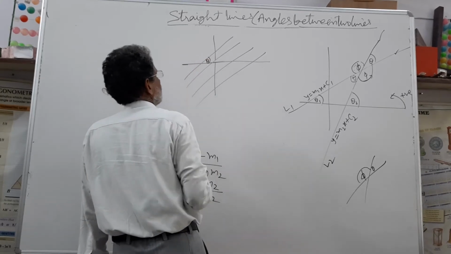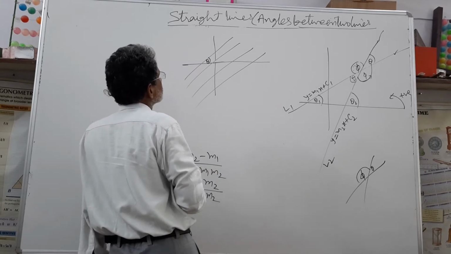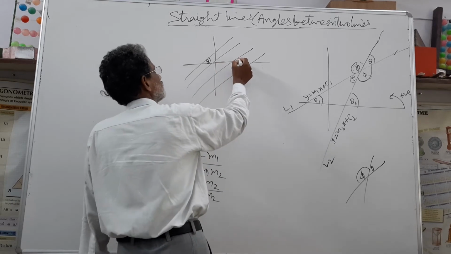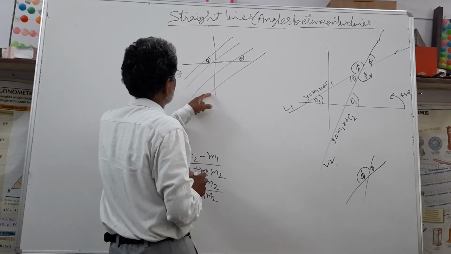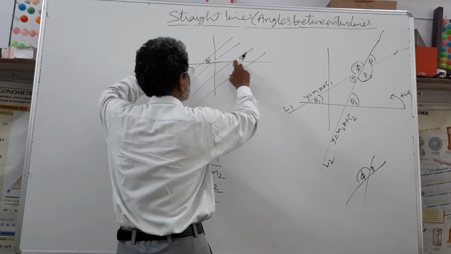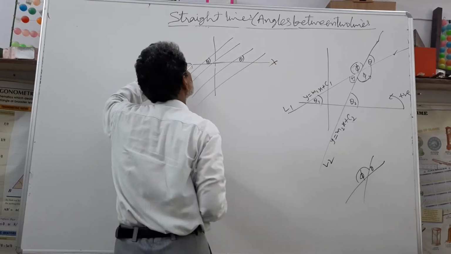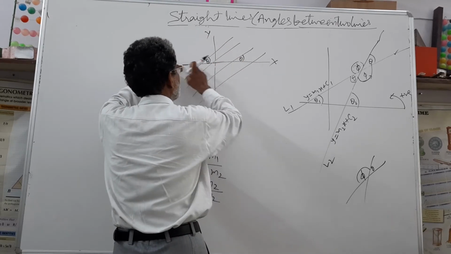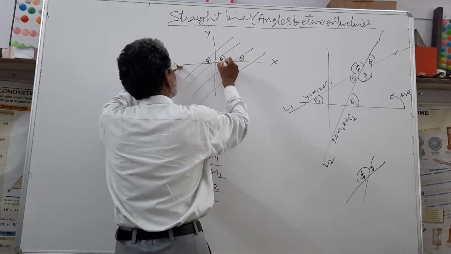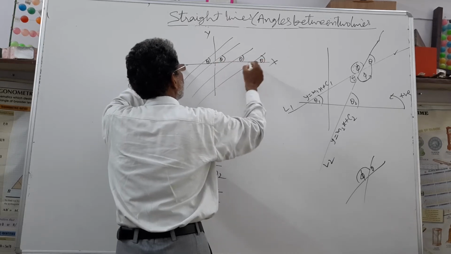If this is angle theta, then this also becomes angle theta, because all are parallel and the x-axis behaves like a transversal. All parallel lines intersect a transversal at the same angle, corresponding angles.